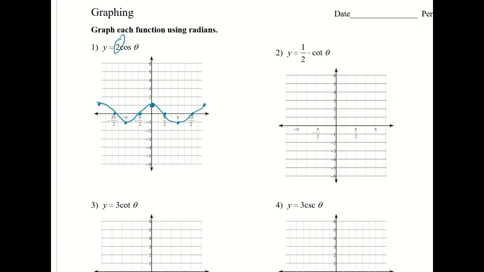Anytime we have something that's multiplied by our trig function, we're going to have an amplitude change. So that is just going to cause our maximums to be multiplied, and instead of being at 1, they'll be at 2, and that will happen with all our maximums.